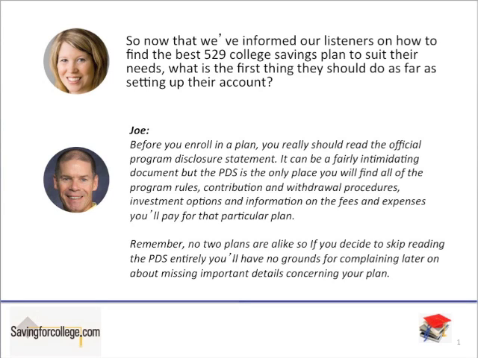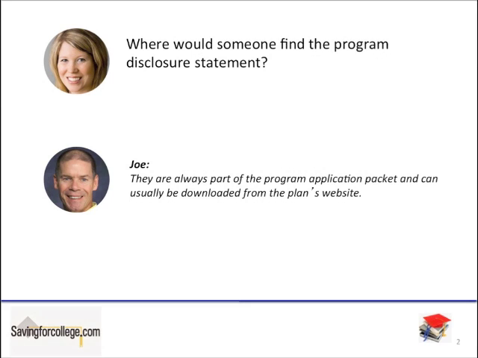This PDS can be a fairly intimidating document, but it's the only place that you'll find all the program rules, the contribution and withdrawal procedures, investment options, and information on the fees and expenses that you'll pay for that particular plan. Remember, no two plans are alike, so if you decide to skip reading the PDS entirely, you'll have no grounds for complaining later on about missing important details concerning your plan.